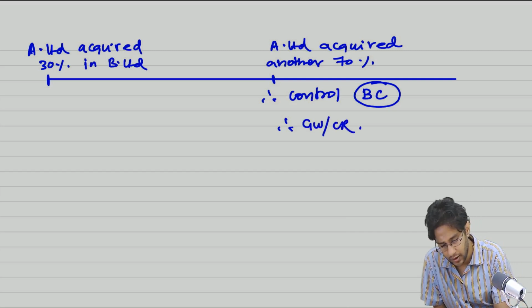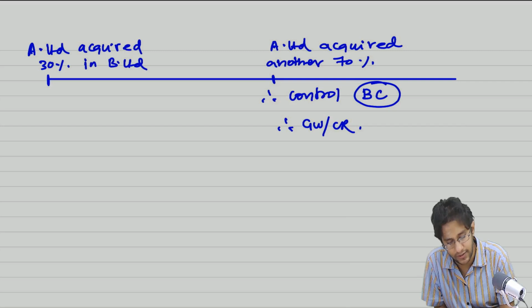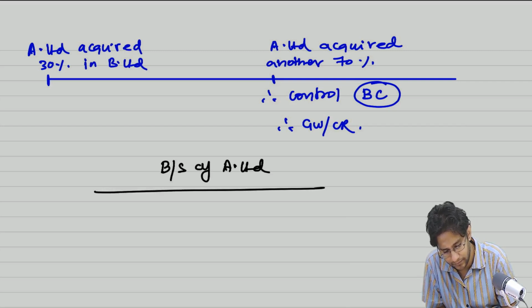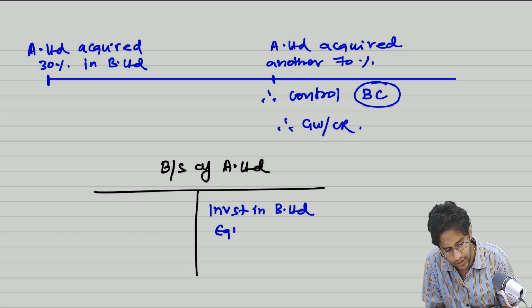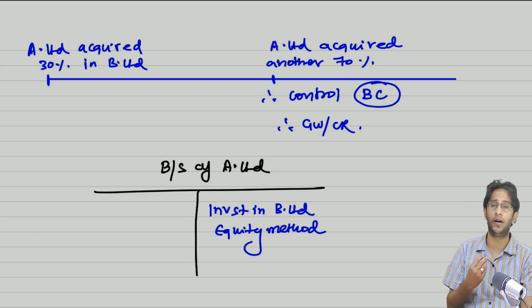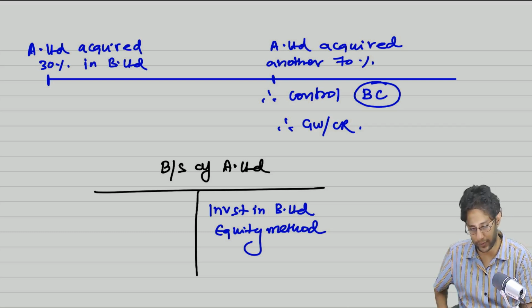Now, before you acquired this 70%, in the balance sheet of A Limited, we will have investment in B Limited, which is measured at equity method. Why is this measured at equity method? With 30%, that's a significant influence. B Limited is an associate, therefore you would have applied equity method.